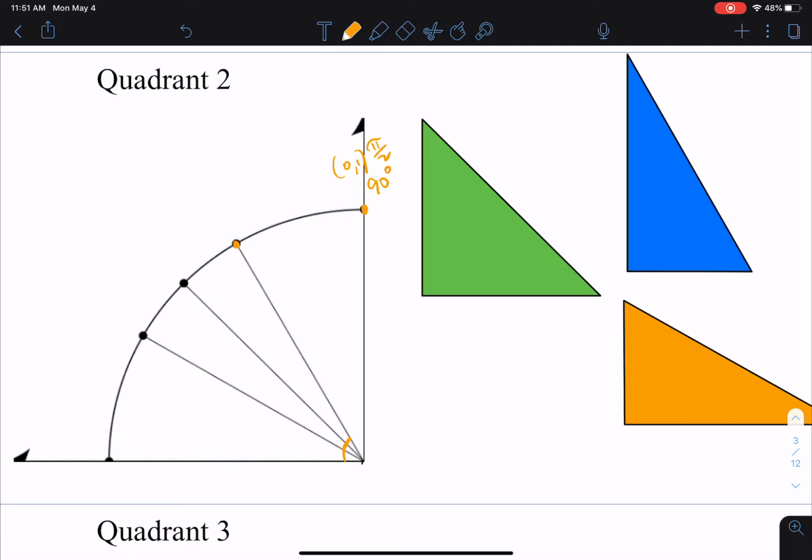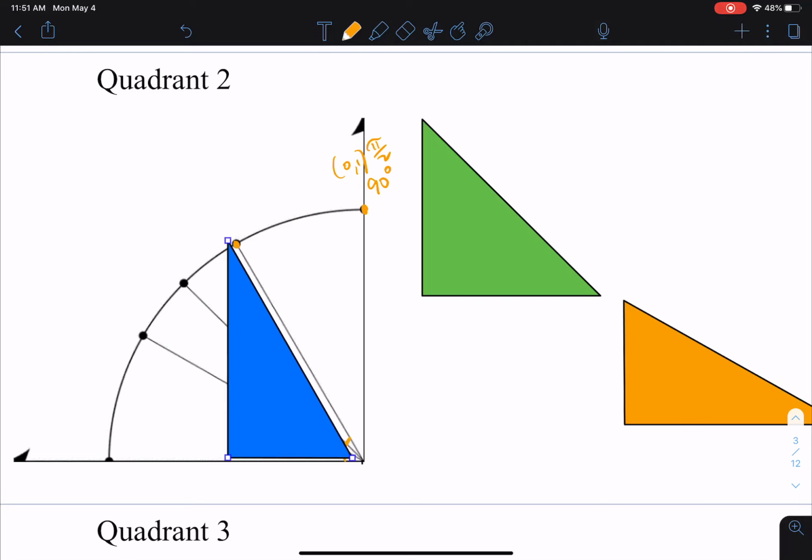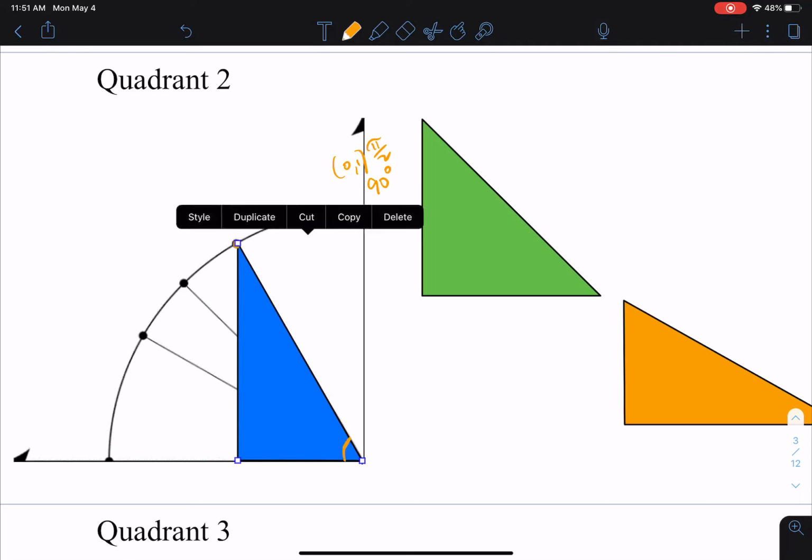For that one, we're going to use the blue. That fits right there. This angle measure here is 120, because it's 90 plus another 30, which makes 120, which is the same as 2 pi over 3.